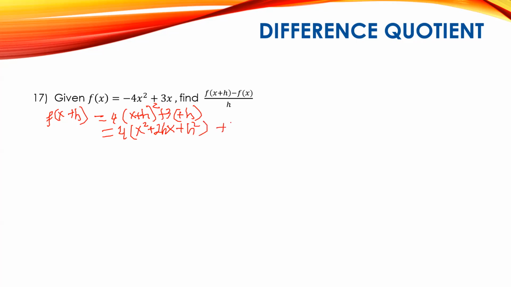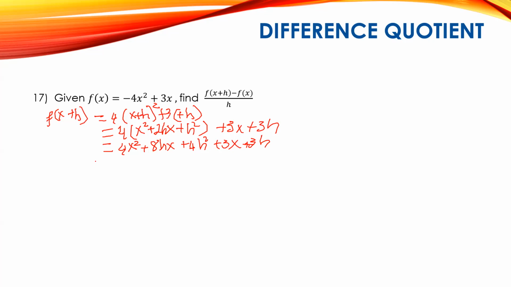That will be 4x squared plus 8hx plus 4h squared plus 3x plus 3h.